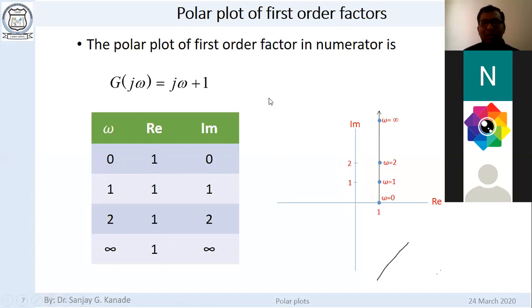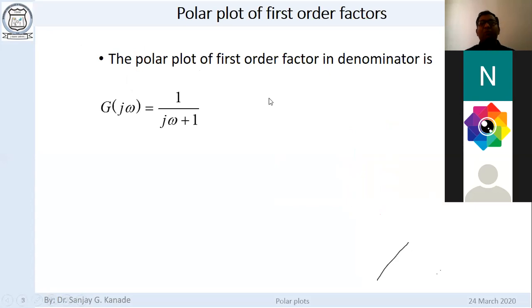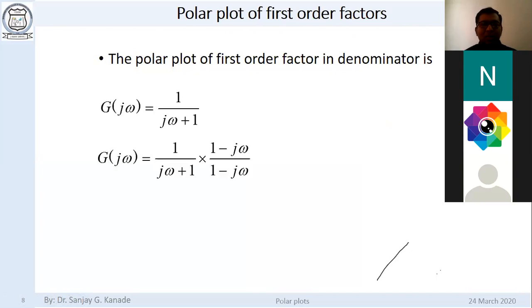Now comes the tricky part. If the function has a first order factor in the denominator, what will happen? First, we will have to simplify the function a little bit, because we want it in the form of real and imaginary parts so that we can find out the magnitude and phase. From the function directly, we cannot find the phase and magnitude.